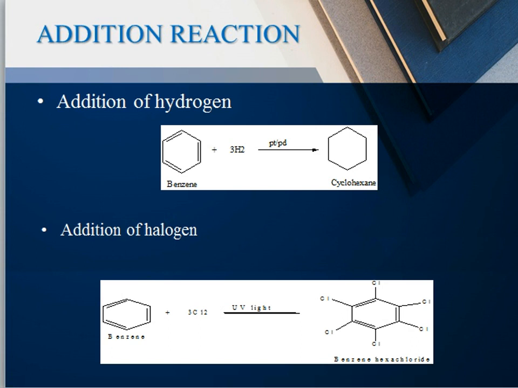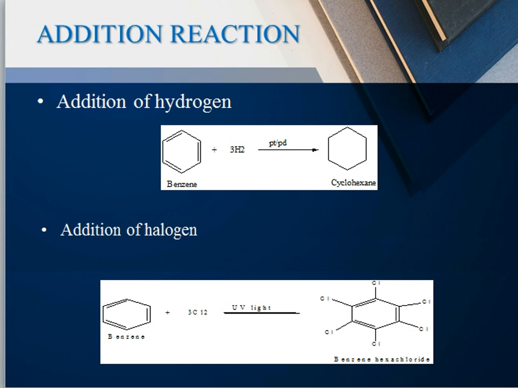Those are removed by the addition of 6 hydrogens, because one bond needs 2 hydrogens for its removal from benzene. So here the 3 bonds are removed by 6 hydrogen atoms.